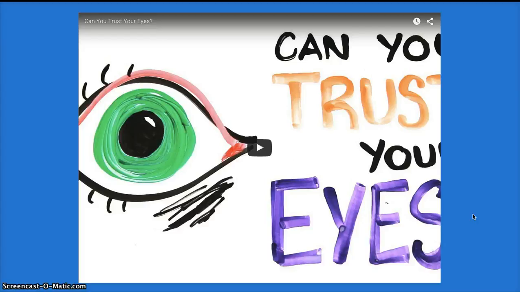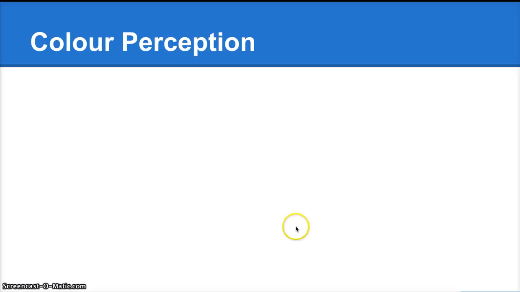So sensation is different than perception. Essentially the video explains how your brain has an impact on the image that you are seeing. We'll watch the video together and then have a little discussion at the end about what it really means. So let's take a look.